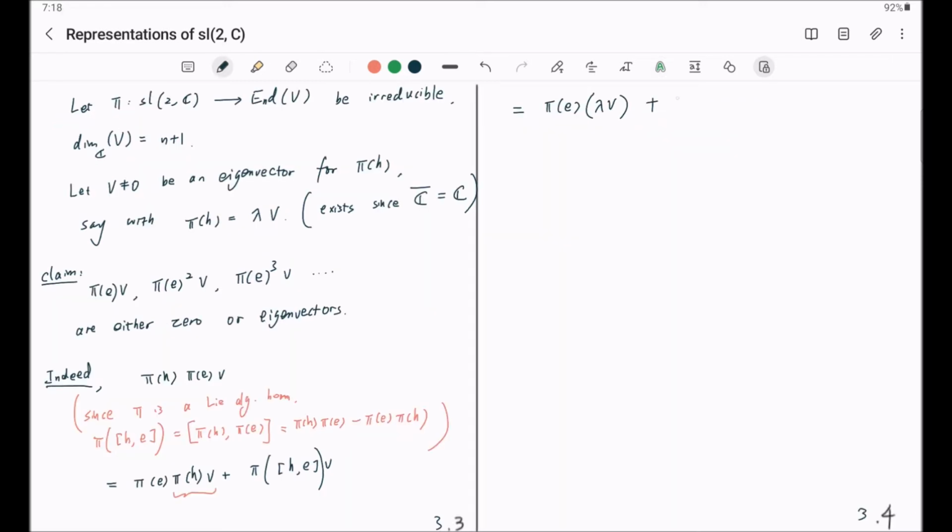So this equals pi of 2E applied to V. Combining these two terms, we get lambda plus 2 scalar product with pi of e applied to V. We can pull out this 2 because pi of e is a linear transformation.